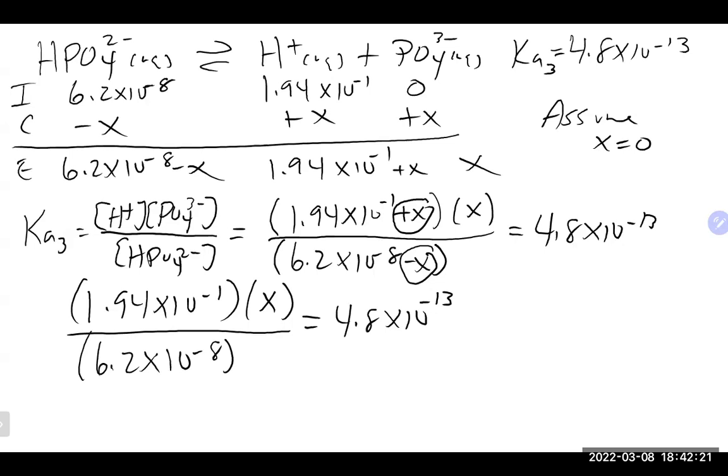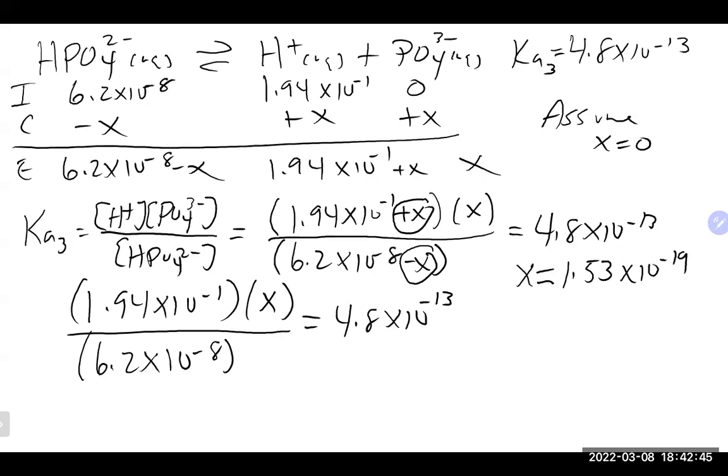So that's 4.8 to the minus 13 times 6.2 to the minus 8. We're then going to come back and divide by 1.94 to the minus 1, giving us an x value of 1.53 times 10 to the minus 19, which again, we do want to check just to be safe.